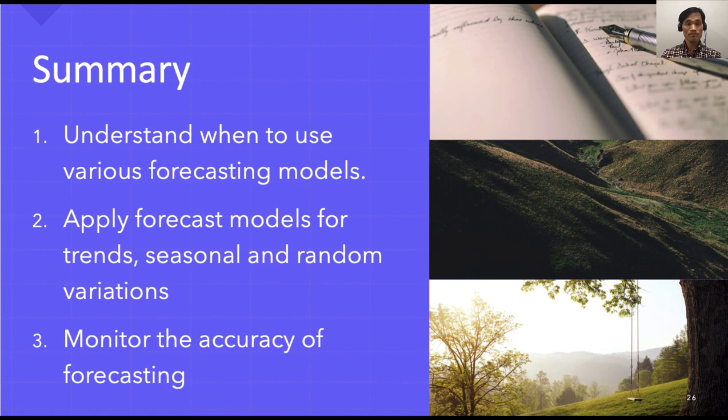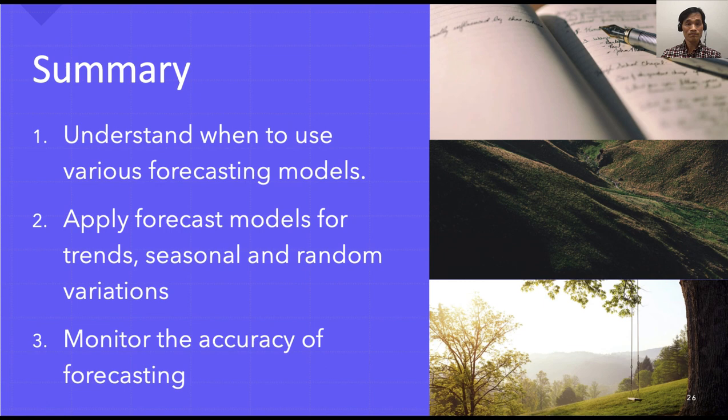So in this forecasting module, which is a really important analytics skill, we have learned when to use various forecasting models. We have moving average method, weighted moving average method, exponential smoothing method, fit model, trend model, and seasonality model. We have learned linear regression and decompositions. And when are we using all these models, right?